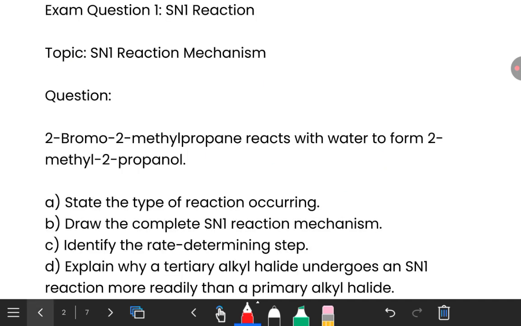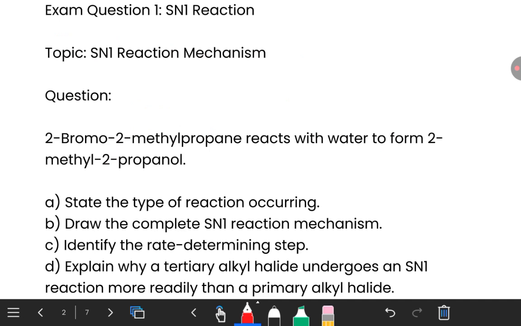Then for the next part, they are saying explain why a tertiary alkyl halide undergoes an SN1 reaction more readily than a primary alkyl halide. So the answer we must be able to give is that tertiary carbocations are more stable, because of the 3 alkyl stabilization there.